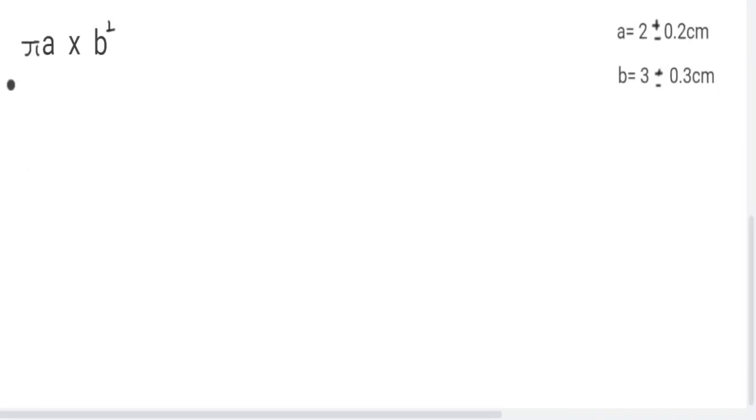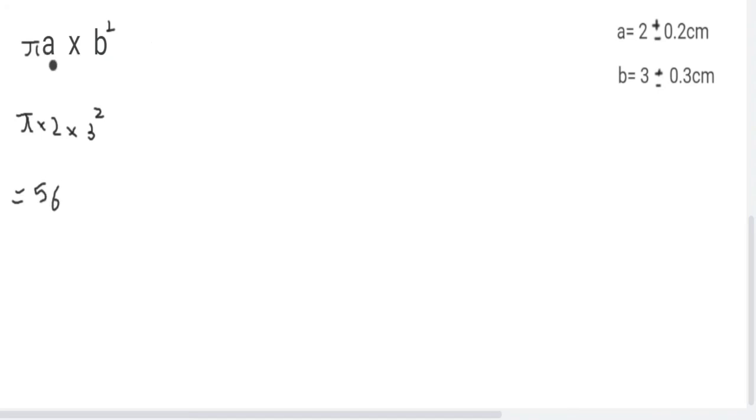Let's do one more. Pi A times B squared. So first of all, I would solve for the values or the measurements, which were 2 and 3. Pi times A, which was 2, times B, which was 3, and this is squared, so I'm going to put B squared. And I get my final answer as 56.